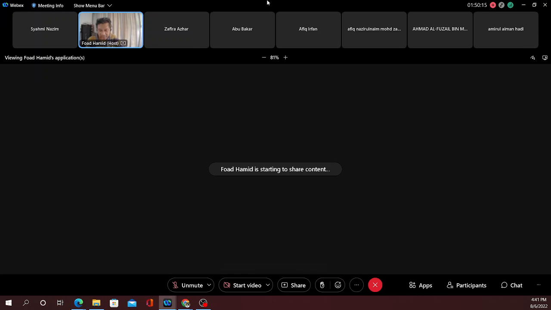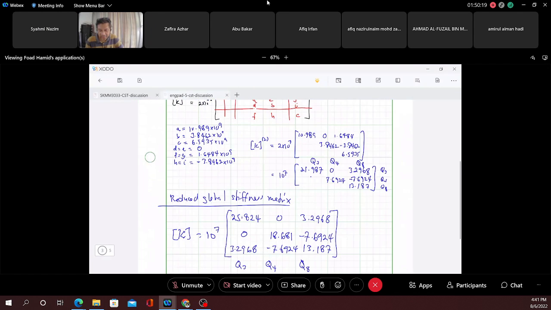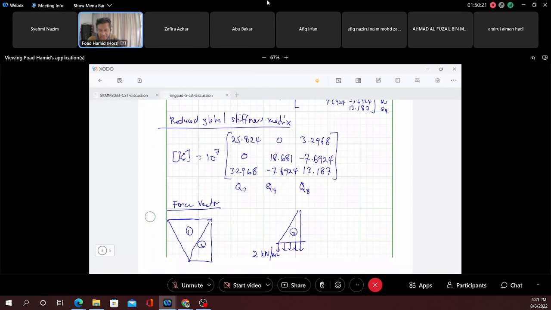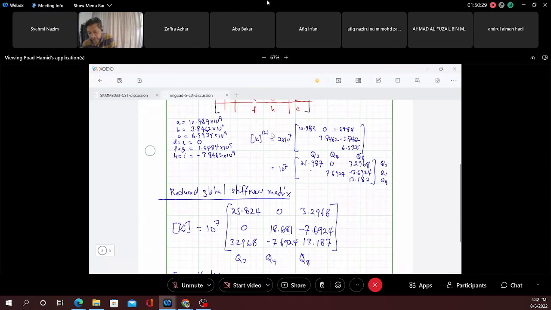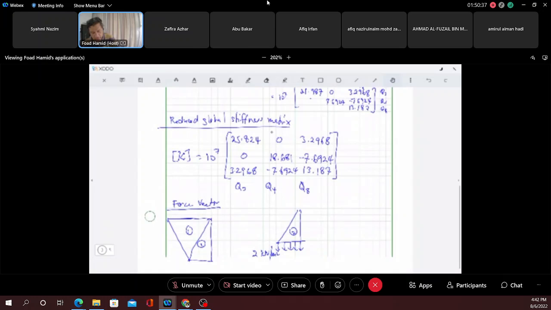Okay, right. So this is the load. And we also have this concentrated load, and this is a concentrated load of 10 kilonewton.